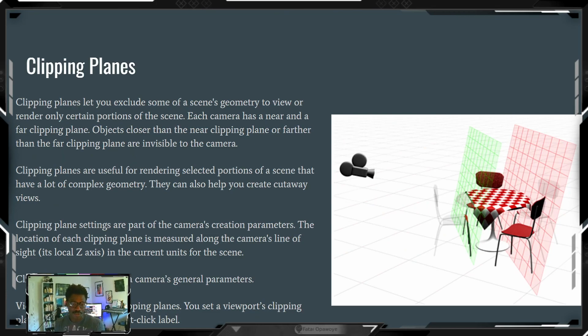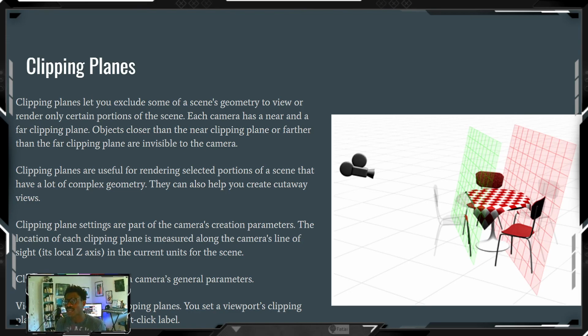All right. So with clipping planes, it's very important that you understand that clipping planes let you exclude some of the scene's geometry to view or render only certain portions of the scene. And clipping planes are a pain in the butt sometimes, depending on the scale of the model that you're making.